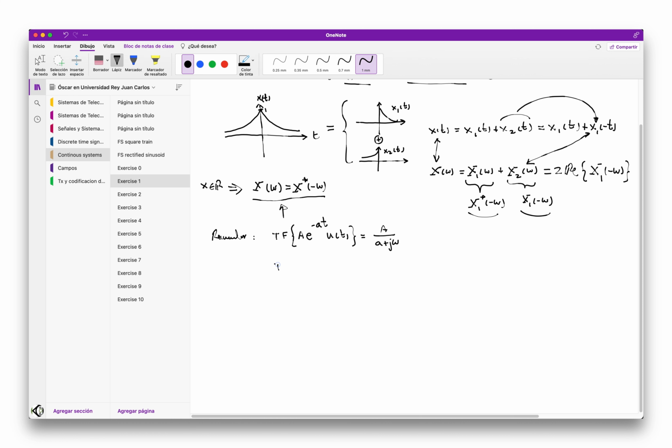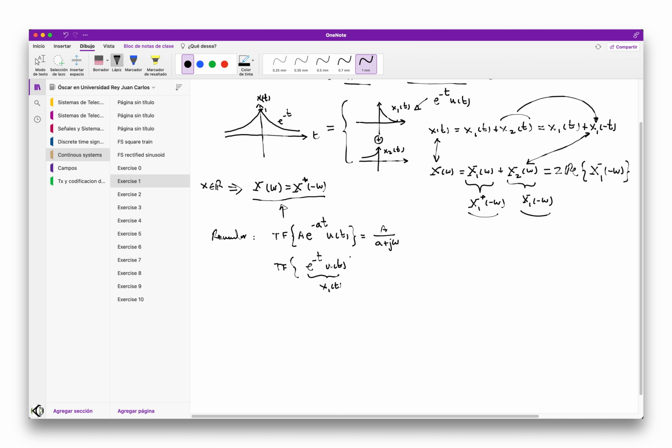What we have is basically a equal to 1, because this is e to the minus t. So basically what we have is e to the minus t u of t. This is x1 of t. Okay, you agree? x1 of t is this, which is e to the minus t u of t.